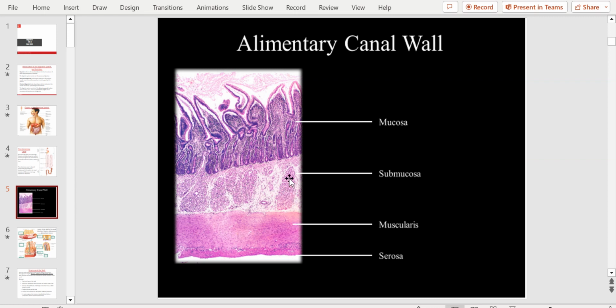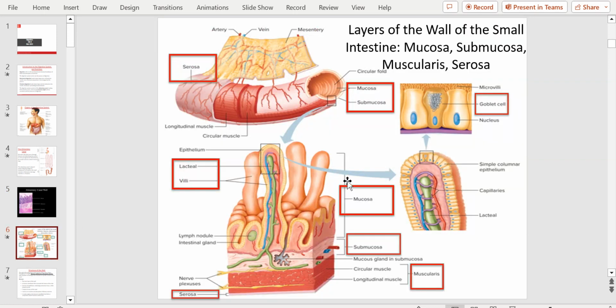And then you have the submucosa and the mucosa. If you get caught in a pinch and need to memorize these, MSMS: mucosa, submucosa, muscularis, and serosa. However you want to learn it, it needs to be learned.